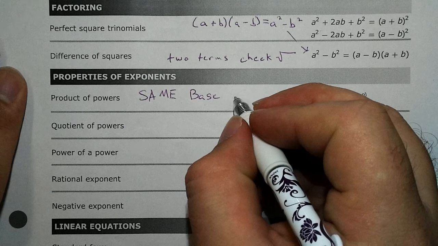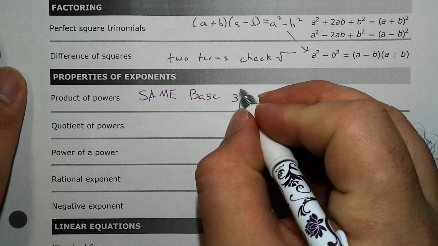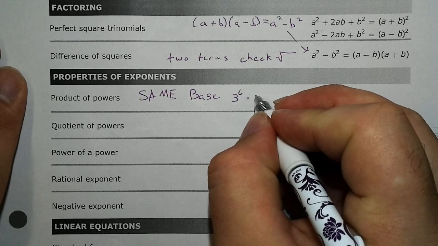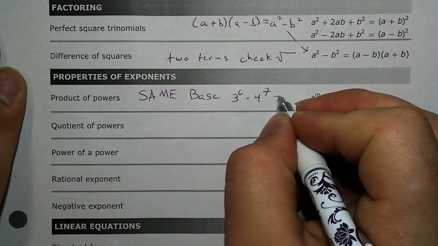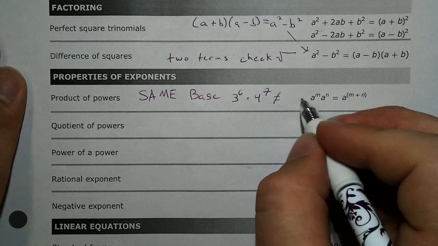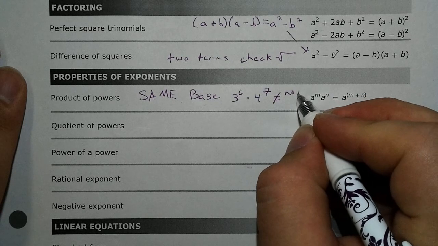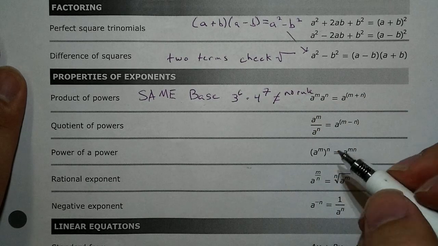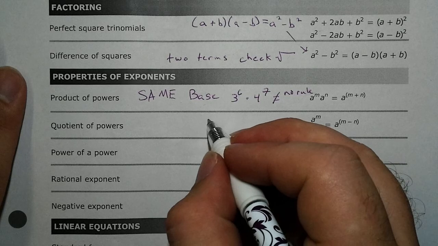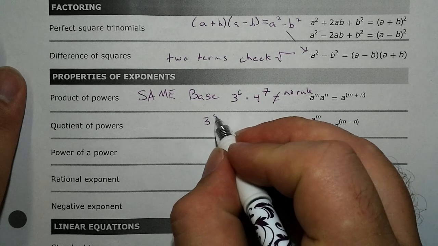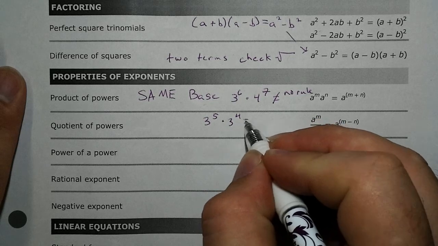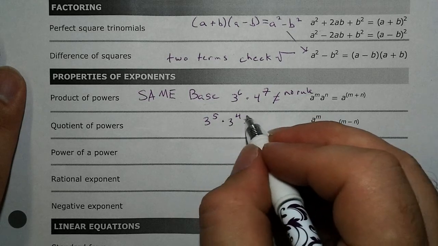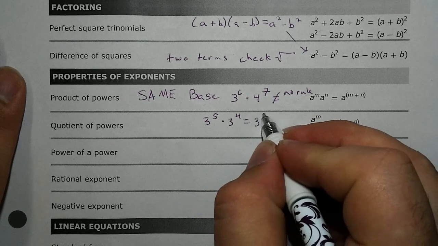So, if you have like 3 to the 6th times 4 to the 7th, 3 and 4 are not the same, so you cannot use your exponent rule. They have to be like 3 to the 5th times 3 to the 4th, and then you can use the product rule. 5 plus 4 is 9, so 3 to the 9th.